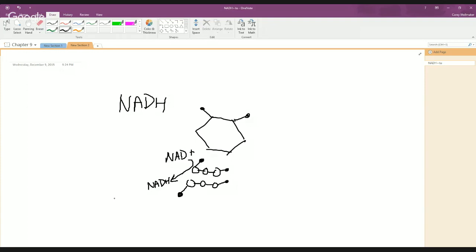So normally this NADH is going to go off to the electron transport chain if oxygen is present. If there's no oxygen present, it's not going to go to the electron transport chain, which means there needs to be some way to turn it back into NAD+. Because if the cell runs out of NAD+, then glycolysis can no longer continue happening.